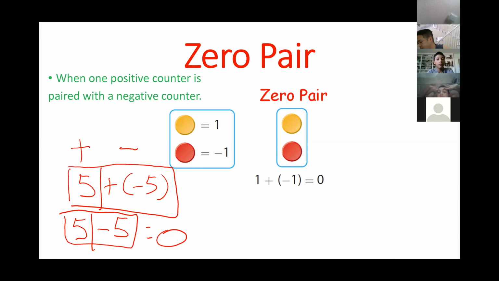This 5 positive means you have 5, 1, 2, 3, 4, 5 positive, right? Then if you have 5 negatives right here, you're gonna go 1, 2, 3, 4, 5.